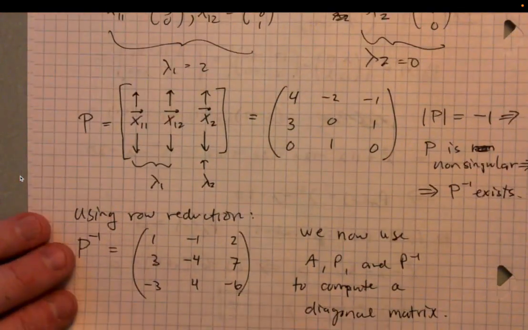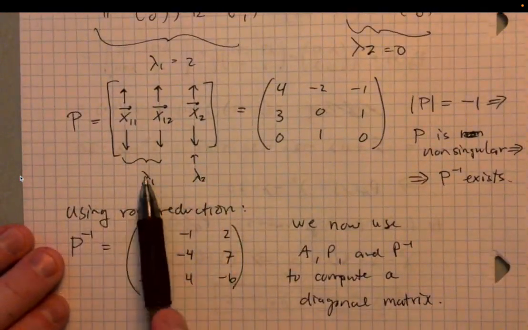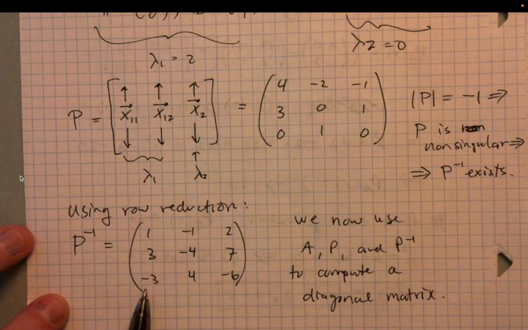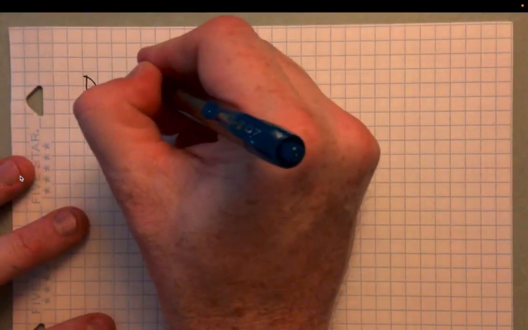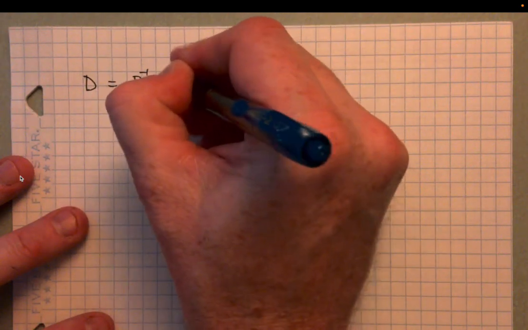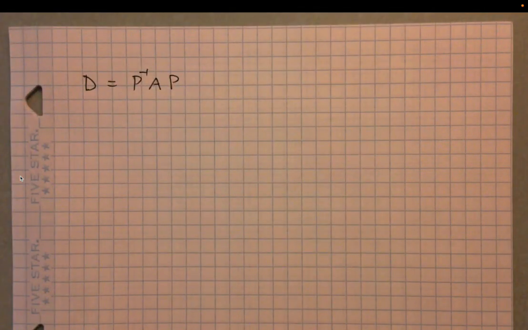Once we've identified our eigenvalues and eigenvectors, we can construct P easily, calculate the inverse of P right here, and then use P and P inverse to do what's called diagonalizing A. Our diagonal matrix is going to look like this: D for diagonal is equal to P inverse times A times P.